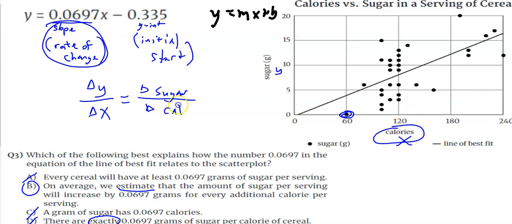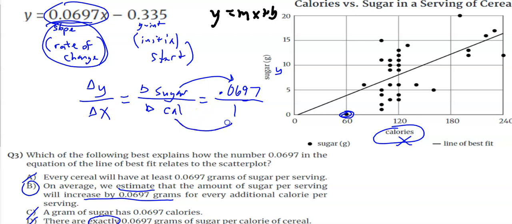And this slope is this number. If I were to write that number as a fraction, I would write 0.0697 divided by 1. And that puts everything in perspective. So sugar is increased by 0.0697 for every additional 1 calorie per serving. So that makes a lot of sense. It's interpreting the slope of the problem, basically saying what it is.